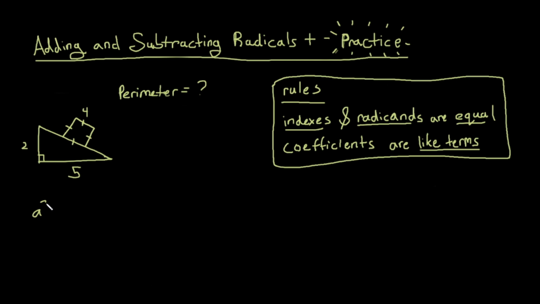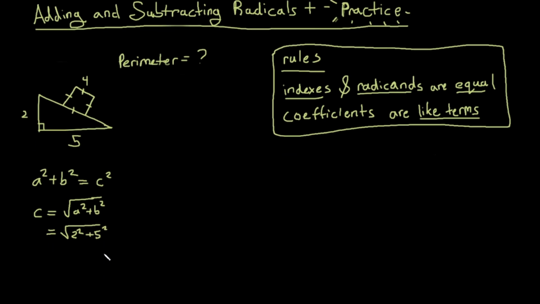We know that a squared plus b squared equals c squared. So we know the length of c is equal to the square root of a squared plus b squared.